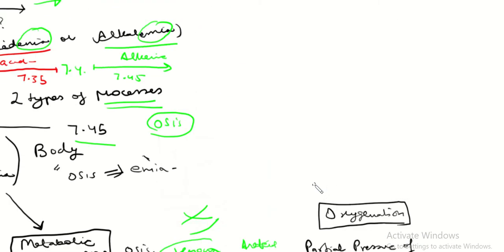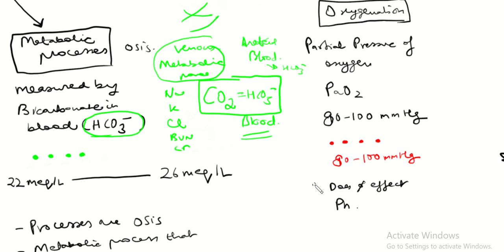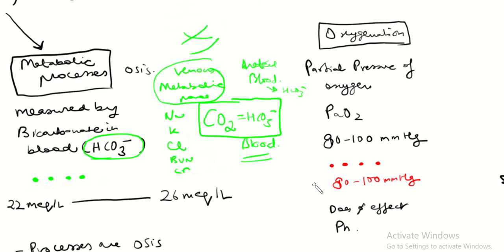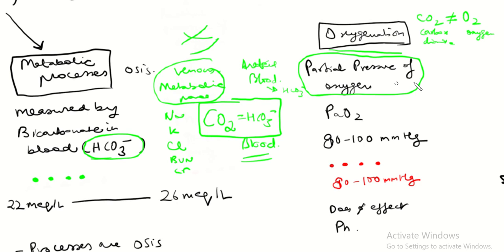Now, there's another little concept in there, which is oxygenation. And I want to cover this right now. CO2 is not equal to O2. Carbon dioxide is not equal to oxygen. And so the other thing in the blood is actually the partial pressure of oxygen. Say what?